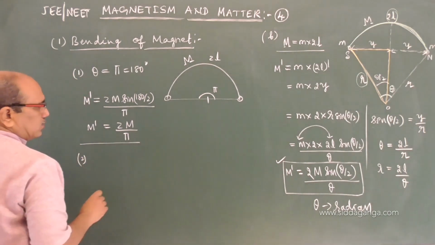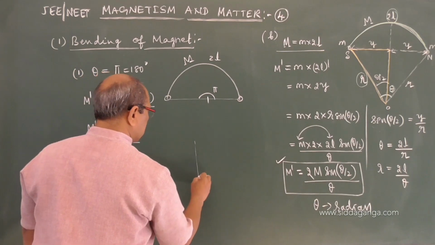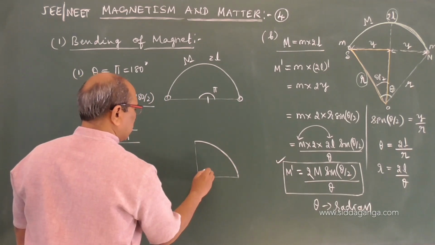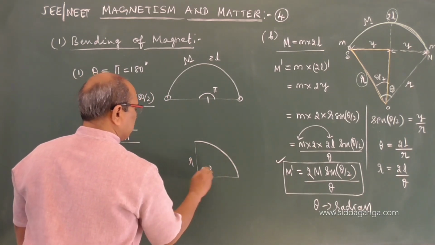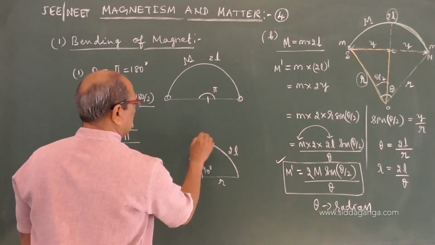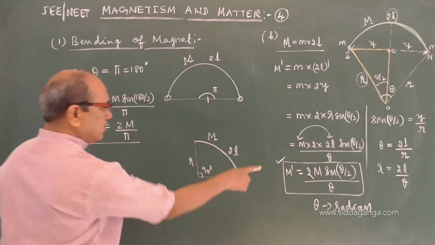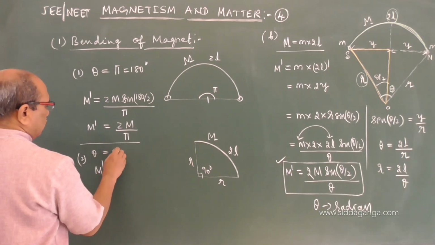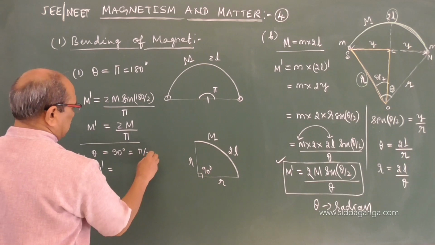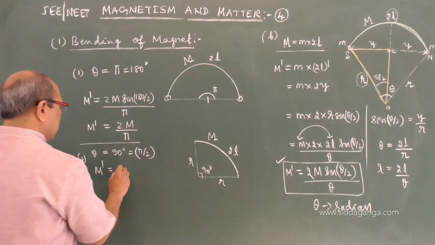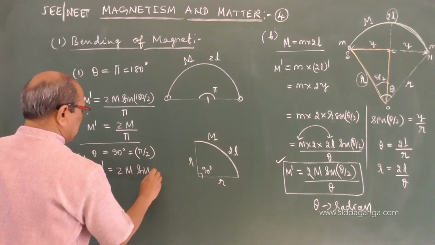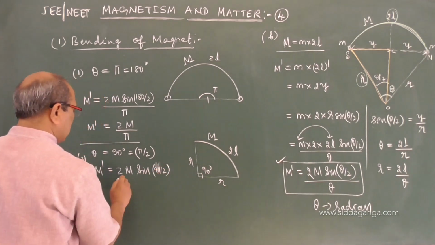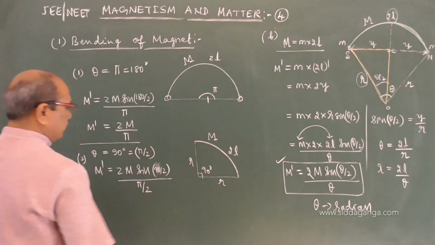The second case, if it is a part of a 1/4 of the arc circle forming 90 degree, and this may be the radius and a 2l magnetic moment. The same relation can be used: m dash equals, for theta equal to 90 degree or pi by 2 radian, 2m into sin theta by 2, which is 90 by 2, divided by pi by 2.